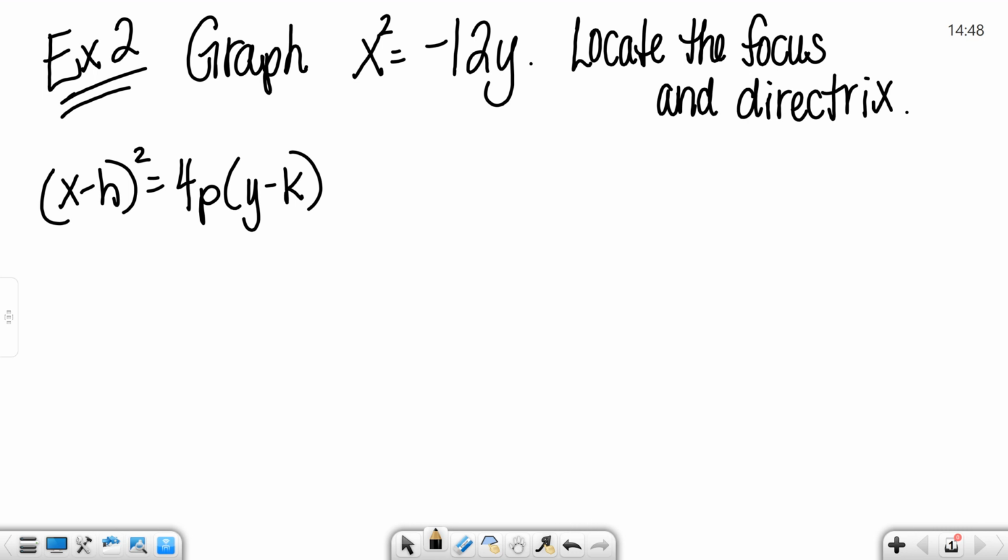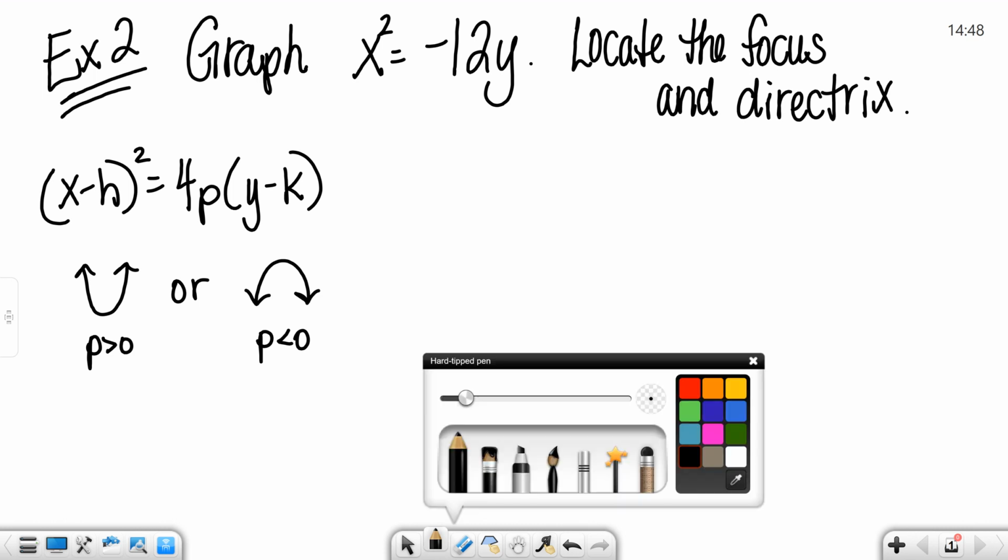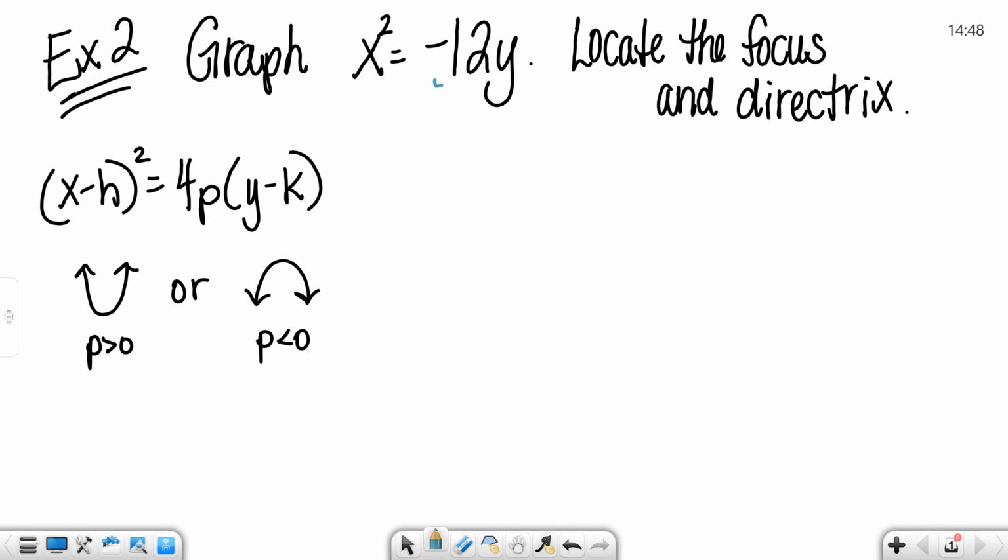When the x is squared, this thing either opens upward or it opens downward based on whatever the value of p is. If p is positive, it opens upward. If it's negative, it opens downward. Just reminding you. All right, so in my equation that's sitting there, -12 is 4p.